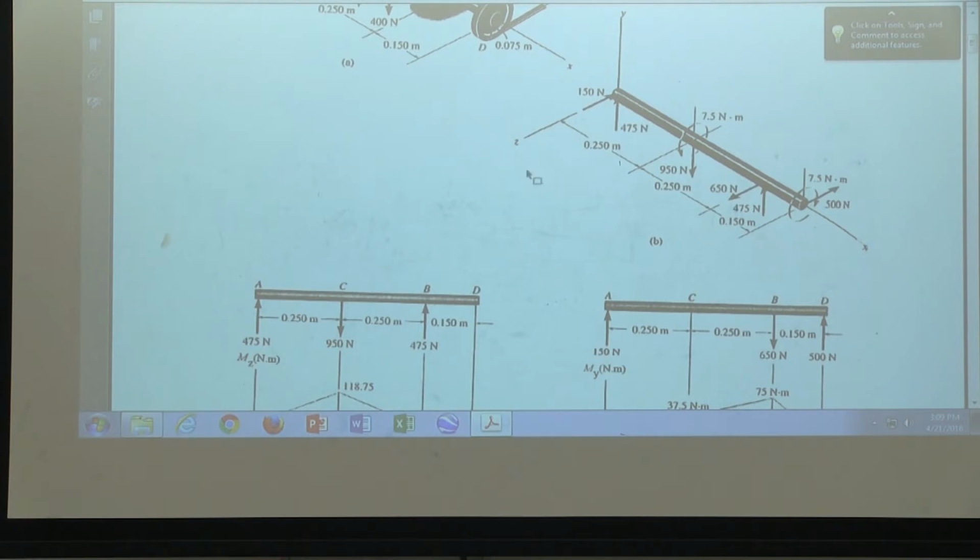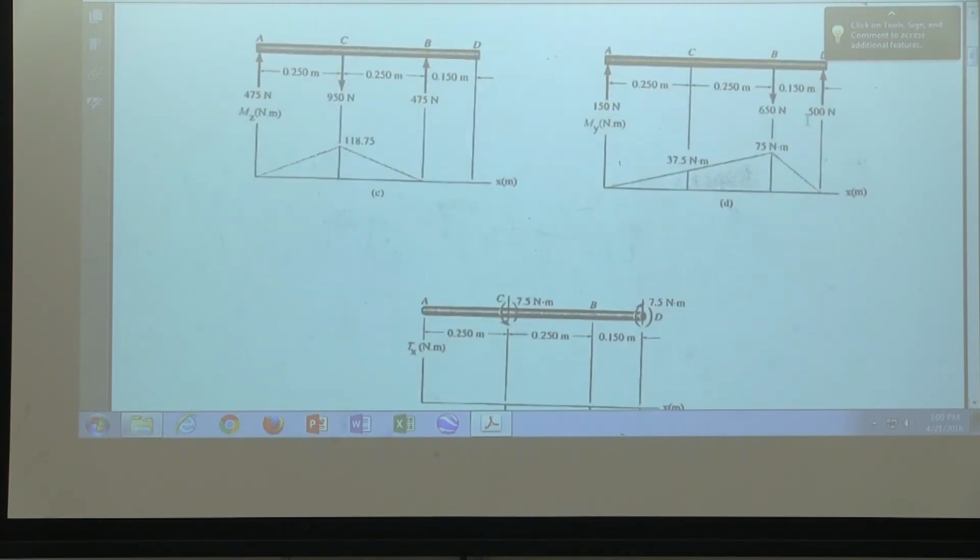Yes or no? The reaction at the support. Where are the supports? A and B, correct? Support was here and there. Everybody see that? 150 and 650. But you have to do all of that. You can do that in the horizontal plane, which is difficult, or you can shift it 90 degrees showing the vertical, and that's what they did here. So this is the vertical approach to the same problem.